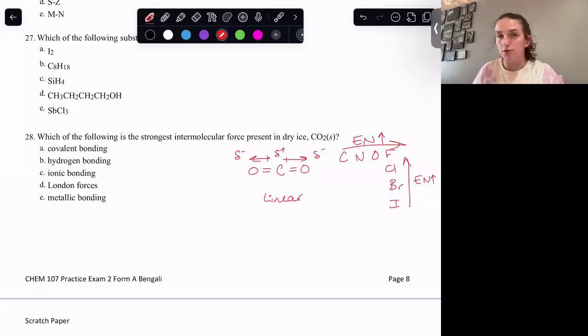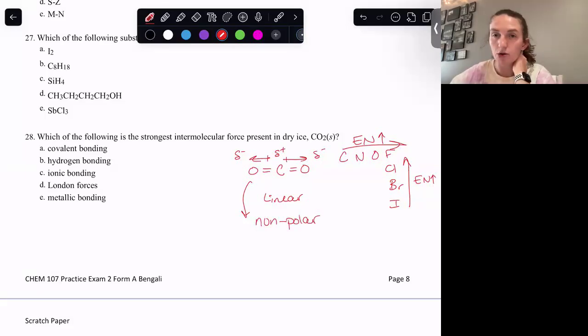And therefore, do we have any intermolecular forces within the molecule? Or I guess, what is our overall polarity of the molecule? There's no net dipole. So what's our overall polarity? Yep, zero or nonpolar.